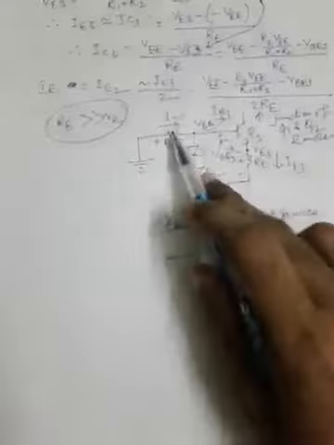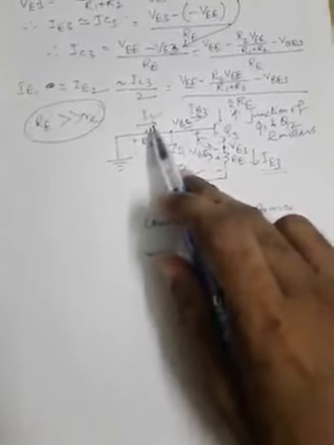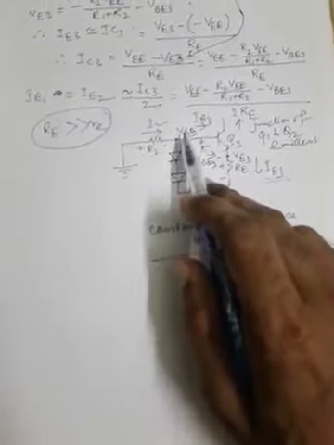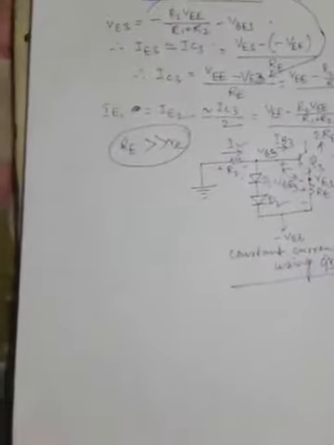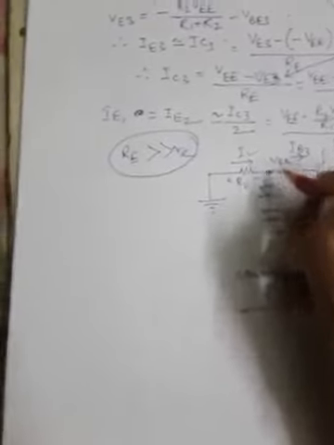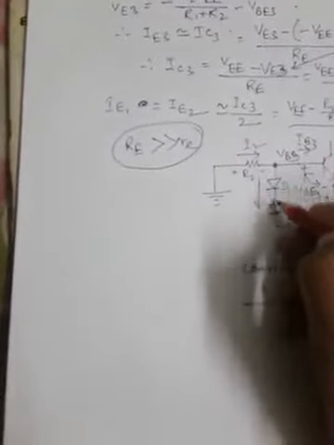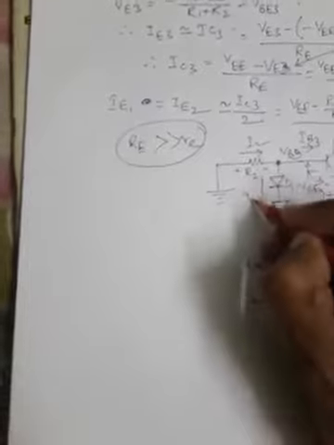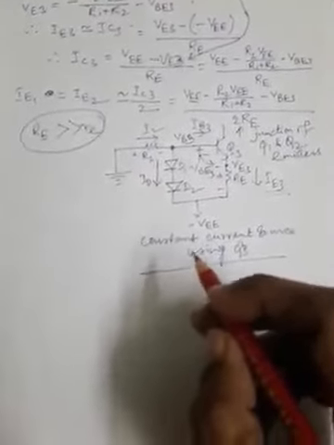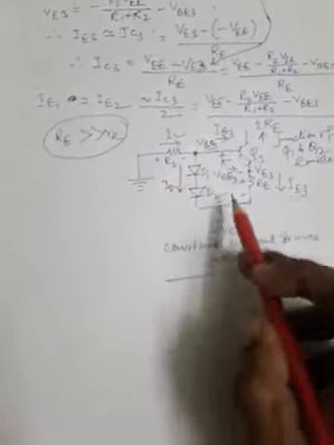Note that in this case I2 flows to the node at the base of Q3 and then divides into ID and IB3. From I2 at this node, one part flows as ID through the two diodes, and another is IB3 into the base of Q3. If the temperature of Q3 increases, its base emitter voltage VBE3 decreases.